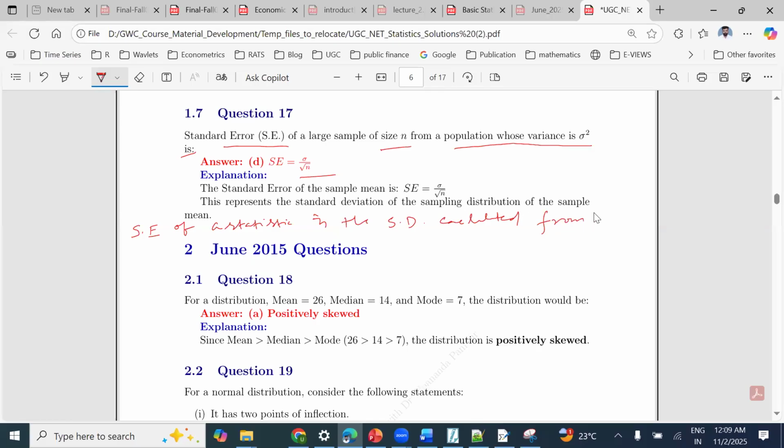This is the keyword: calculated from the sampling distribution of the statistic.